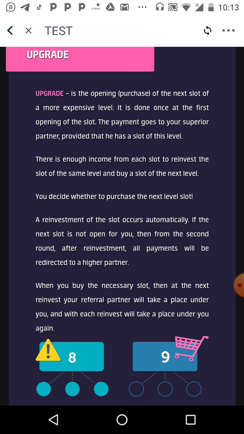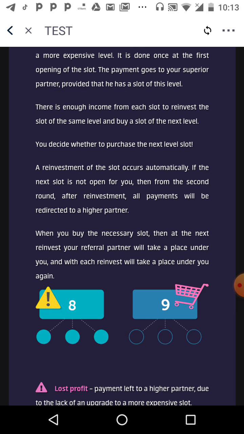You reinvest them, use them to buy bigger slots. The more bigger slots you buy, the more your earning grows, provided that you're bringing people, provided that you position yourself for spillovers. You decide whether to purchase the next level slot.